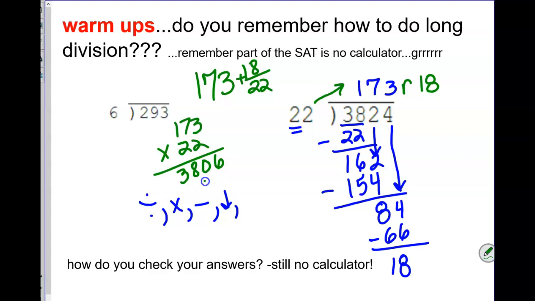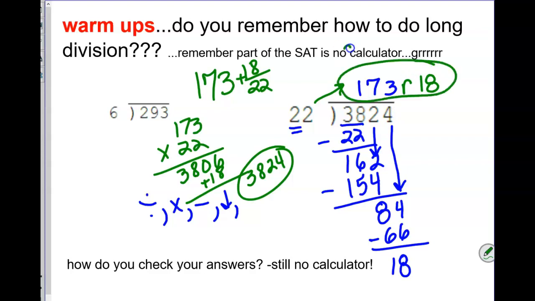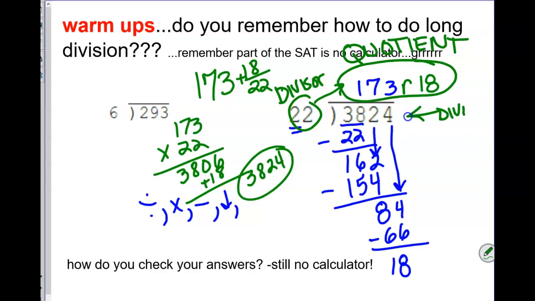You added the remainder back on, right? And you got 3824, which was the dividend. By the way, the vocabulary is quotient and remainder. This is the divisor. And this guy under here is the dividend. Okay, can almost read that.